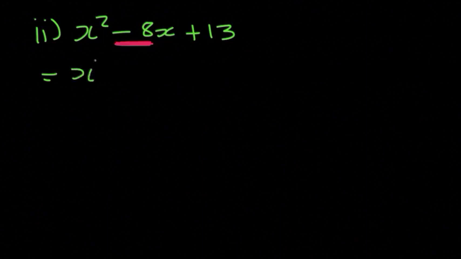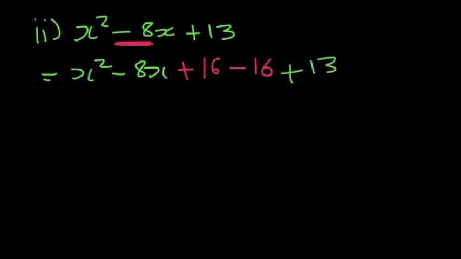So we have x squared minus 8x plus 16. So that plus 16 has now changed the expression, and that means we need to subtract 16. Now the expression is all back to normal, and we have the plus 13 that was originally in the expression.